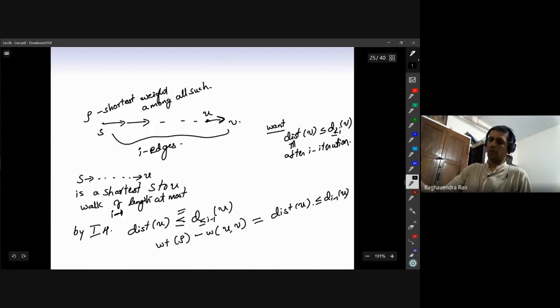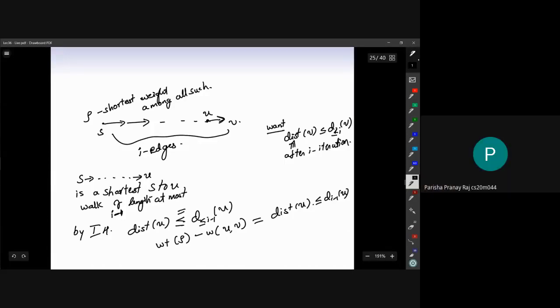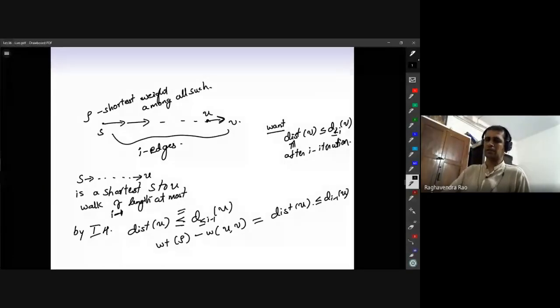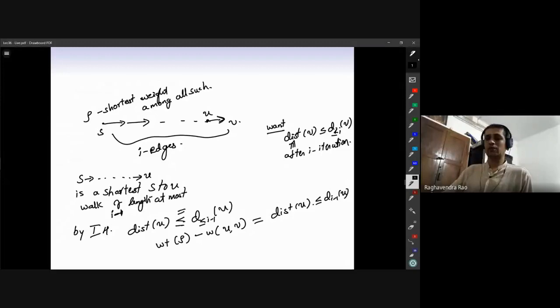So you can actually prove equality as well, not less than or equal to. Because in the base case also it is equal, and in the induction hypothesis also it is equal. Yes, you can prove. I mean, it doesn't matter if there is a negative cycle, because we are talking about a walk of length i-1, or a walk that uses at most i-1 edges, right?